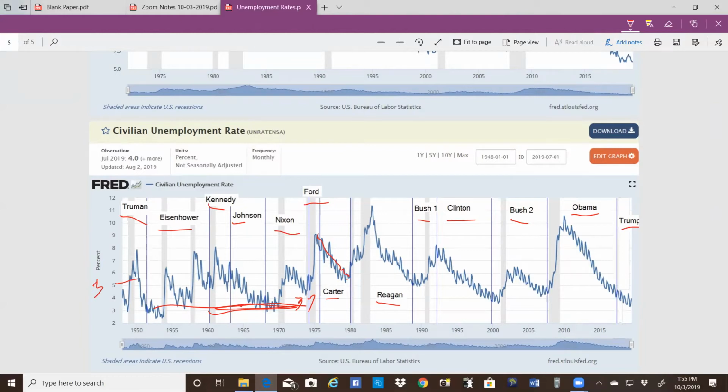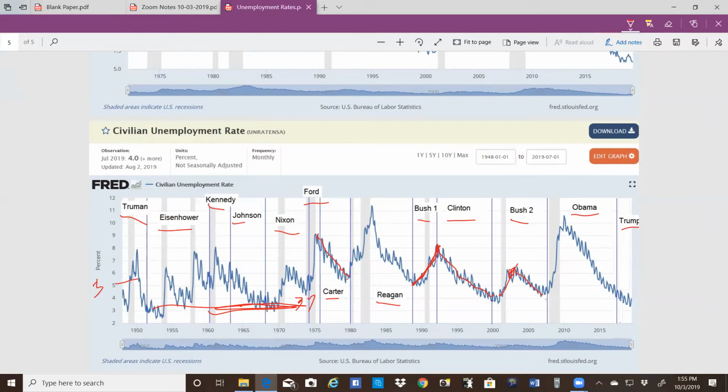When the first Bush was in, he lost the election because the unemployment rate was getting bad. And so Clinton came in, and it went down to about 3 or 4%. Bush 2 came in and it was higher. It went down.